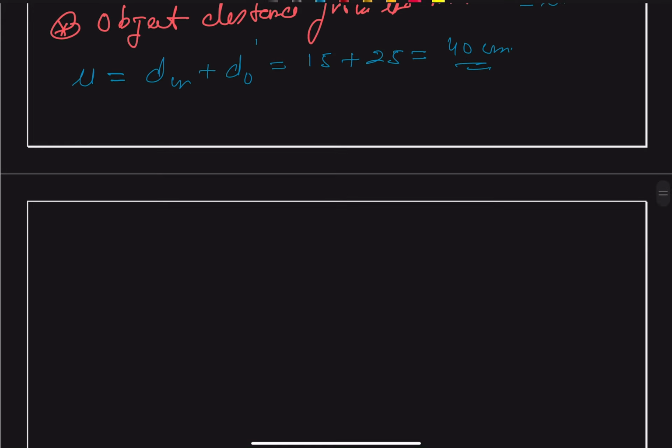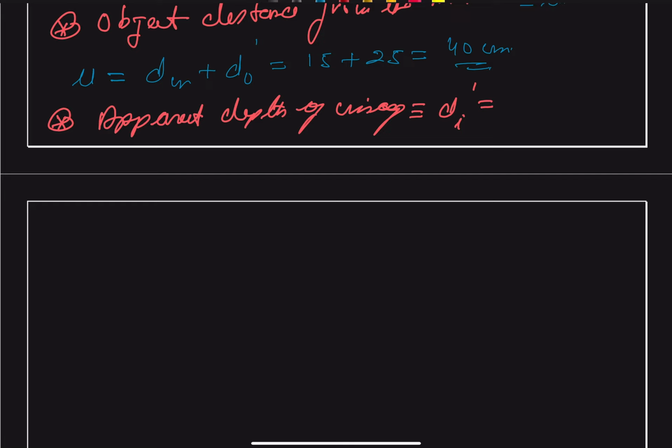So now we can find out the apparent depth of the image, that is our di prime, which will be equal to the depth of the image divided by its refractive index.